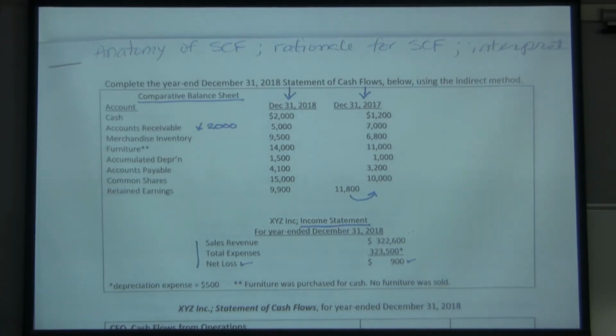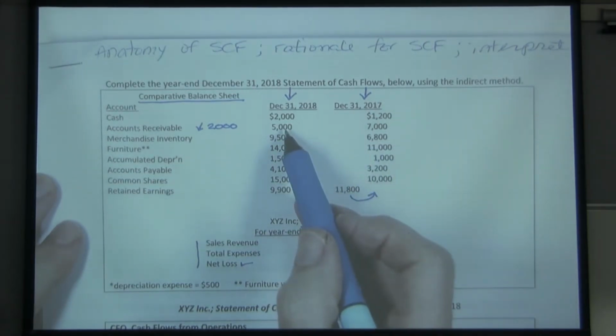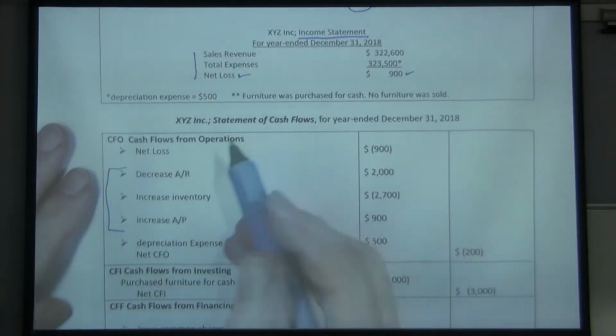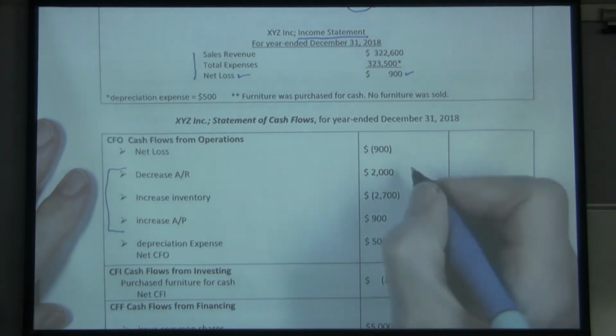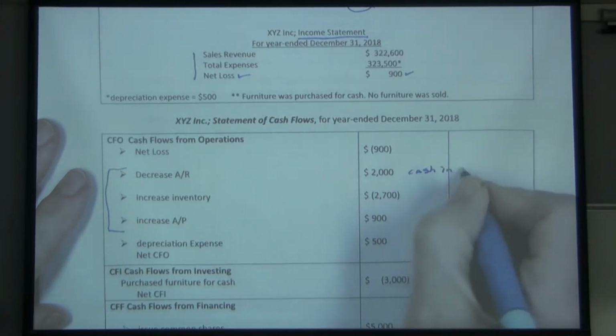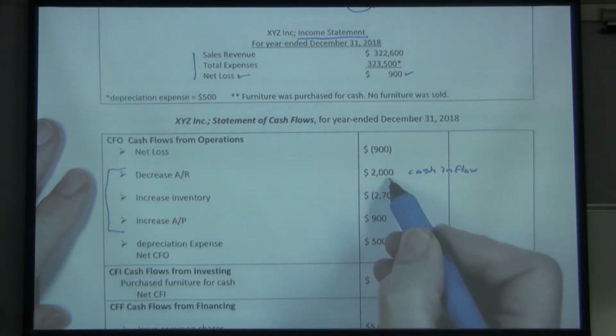They're paying it a little more quickly. So we want to see a decrease in accounts receivable. That's a good thing. Down here in our CFO, we'll record decrease in accounts receivable, and that's a cash inflow. Cash inflow of $2,000. So we write it as a positive amount.